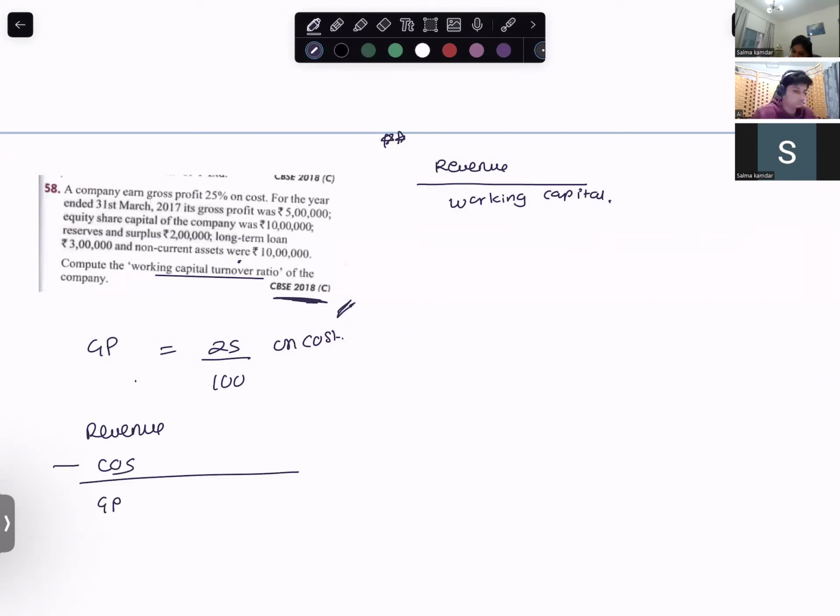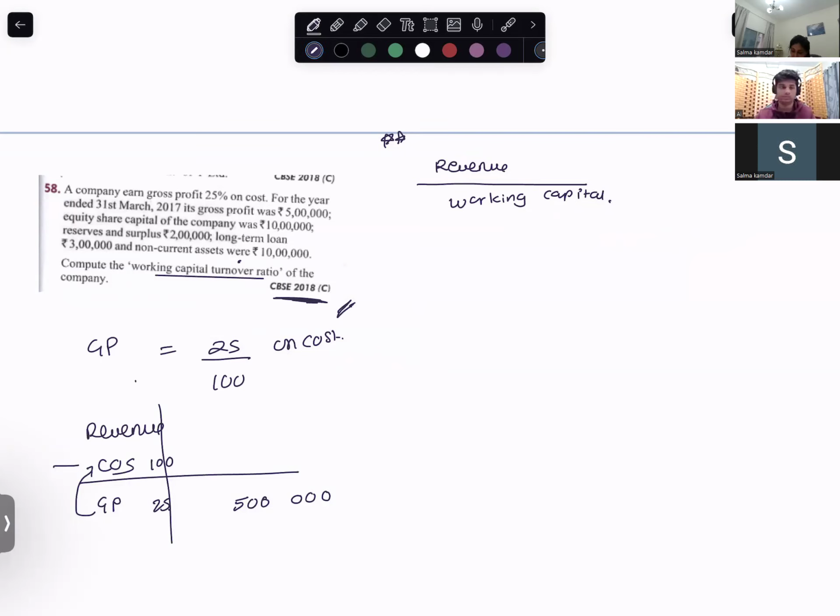Gross profit is 25% on cost and the gross profit amount is also given as 5 lakh. This is 25% of the cost, that means cost is 100.